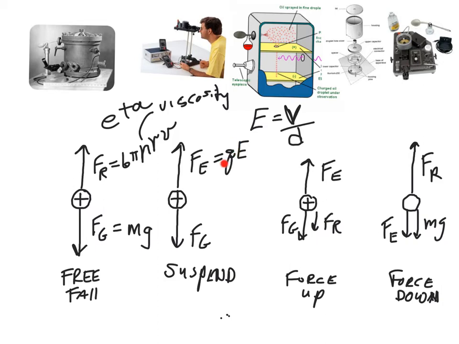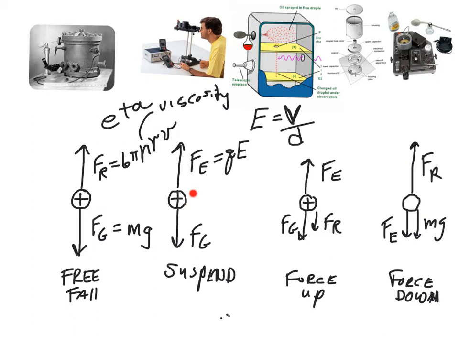And the charge is what we're trying to find, charge on the drop, and that's the electric force. And those have to be equal in magnitude and opposite in direction when the drop is held suspended.